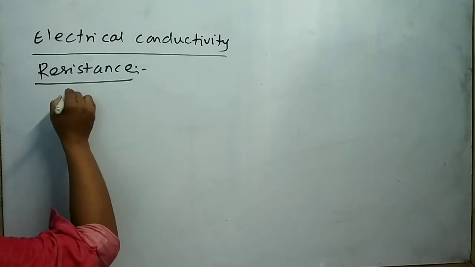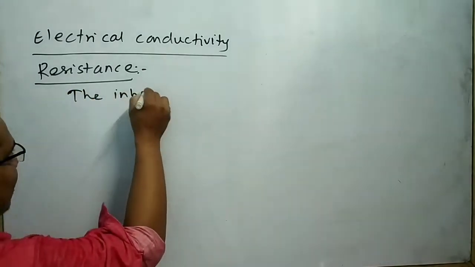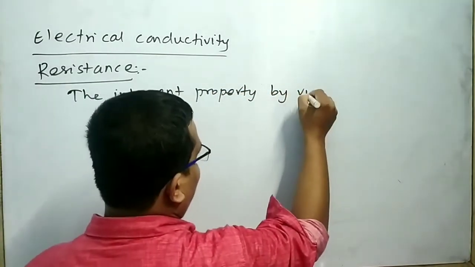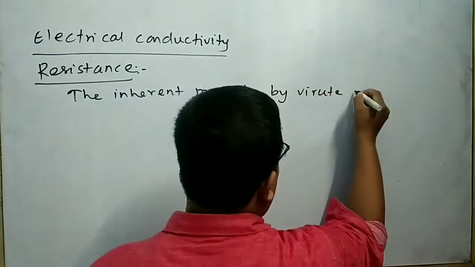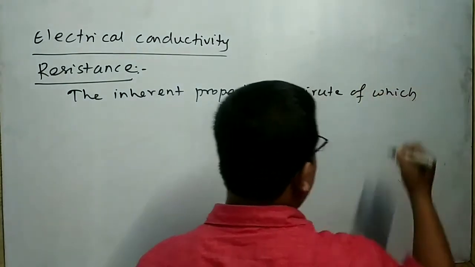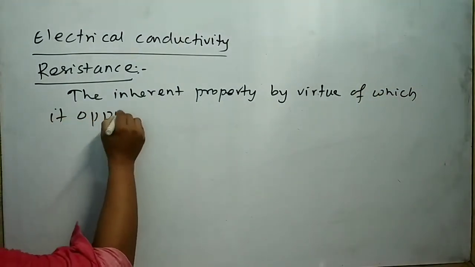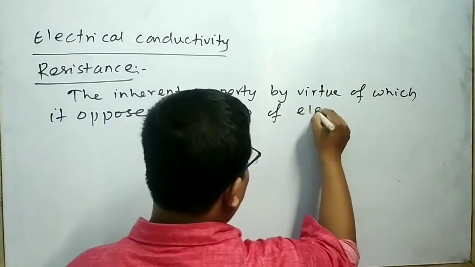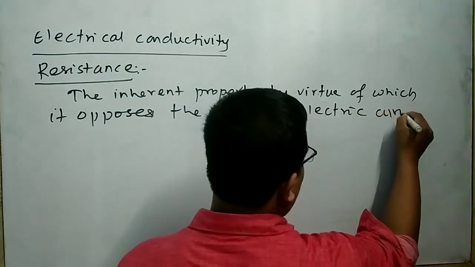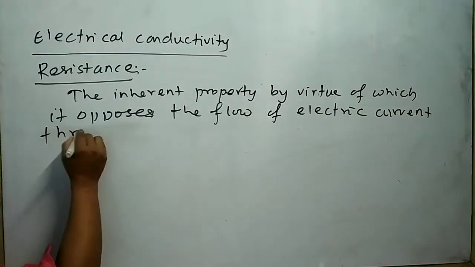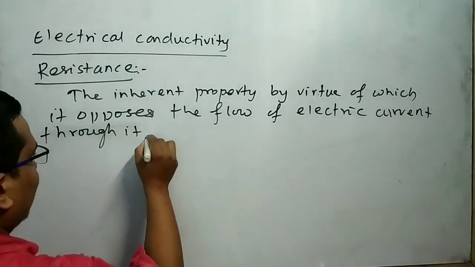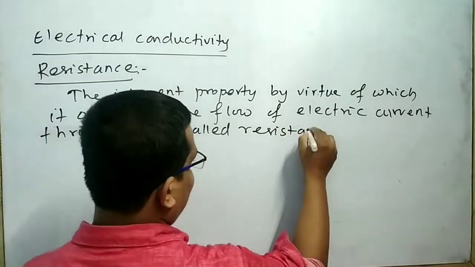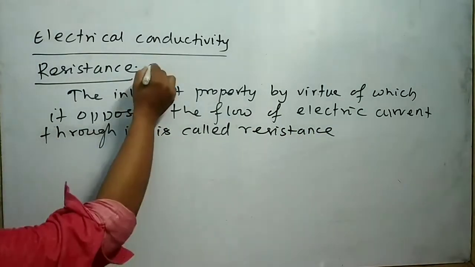So I can write: the inherent property by virtue of which a conductor opposes the flow of electric current through it is called resistance. It is denoted by R.